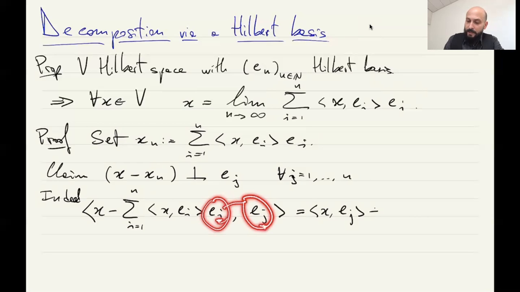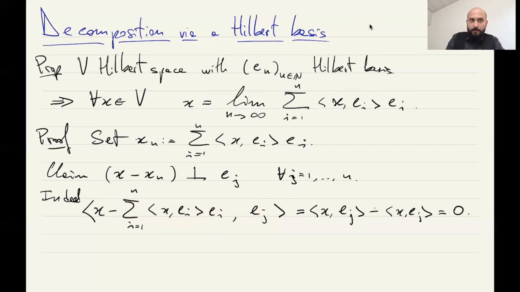But for i equal to j, which exists because j is between 1 and n, is the same number for which we sum, we get 1, and therefore the scalar product becomes x, e_j, and this is 0. So we checked the claim.